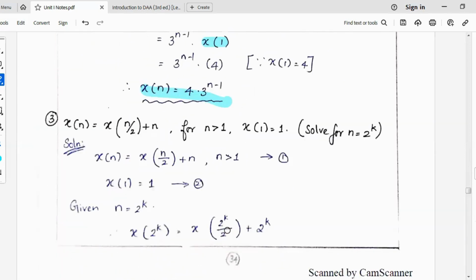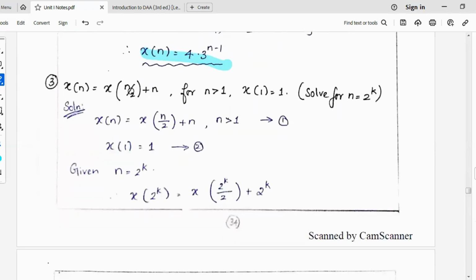So the third question. x of n equal to x of n by 2 plus n. Okay. So this is also a recurrence relation. x of n is defined in terms of x again. So the given base condition is x of 1 equal to 1. But here there is a difference.